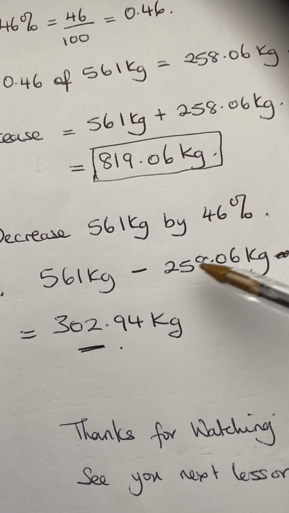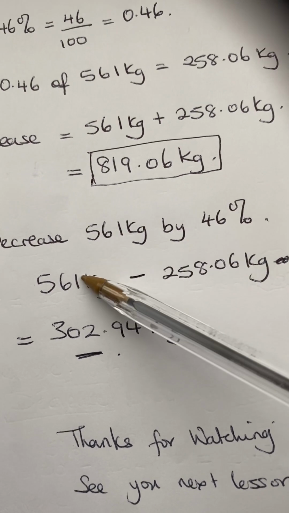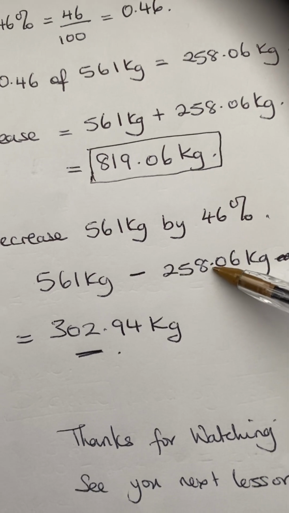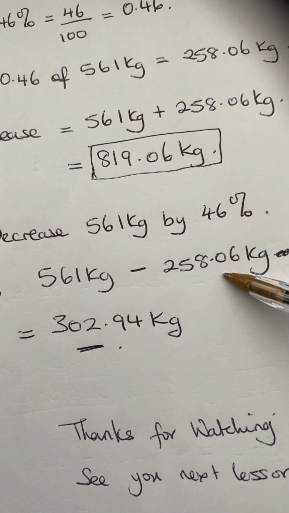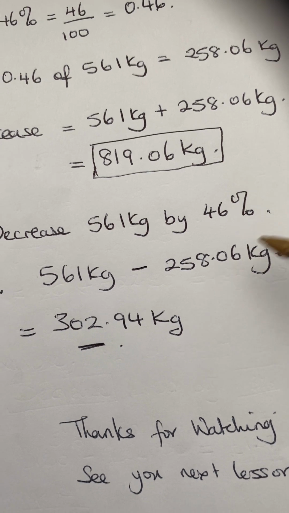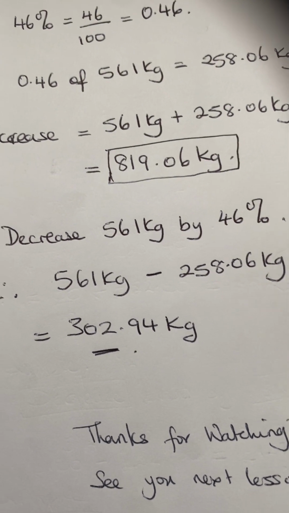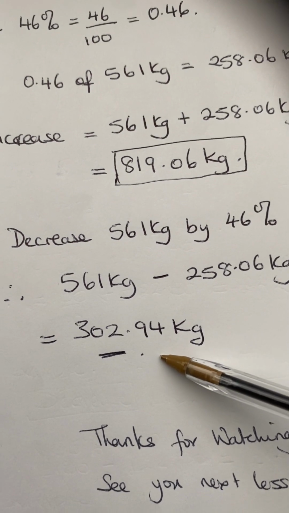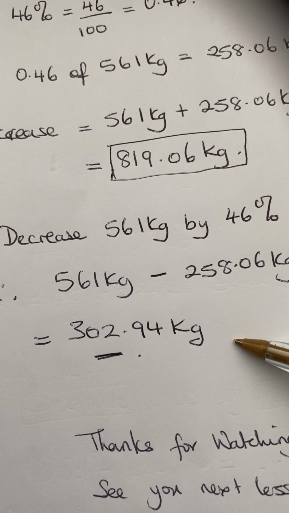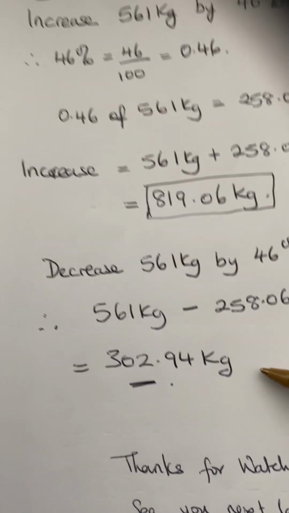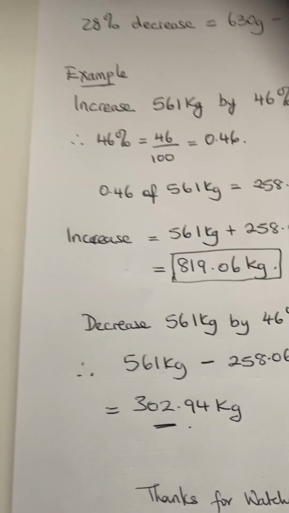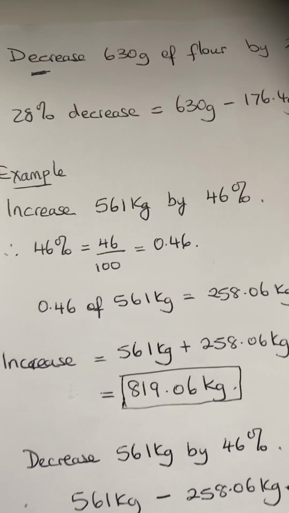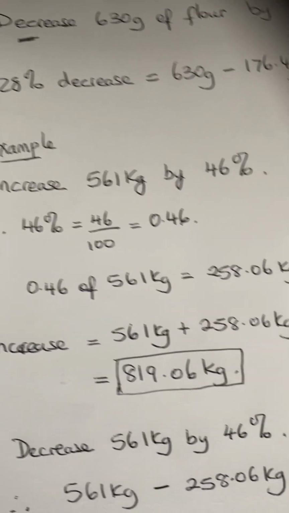We can subtract on a calculator, or if it's not a calculator paper, we can do the subtraction on the side of the paper, and that will give us 302.94 kilograms.